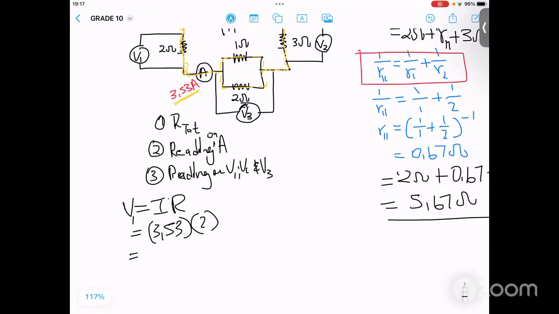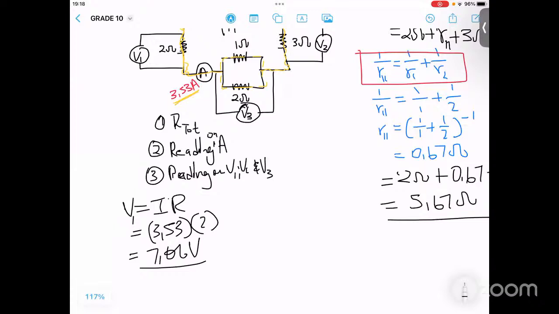But you can punch it in on the side just to see for yourself what the answer is supposed to be. Okay, 3.53. 0.53, you double that, it gives you 7.06 volts. So that means V is measured in volts.